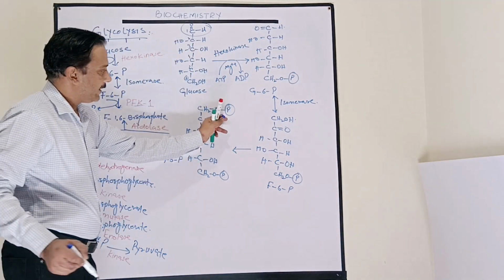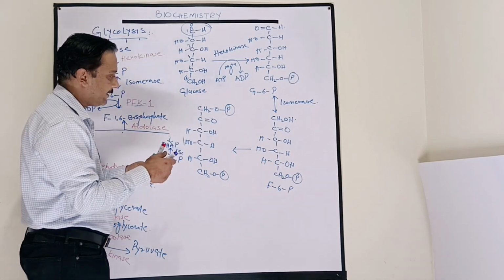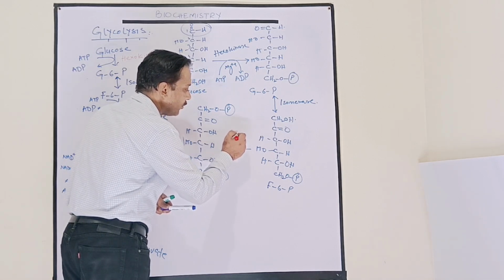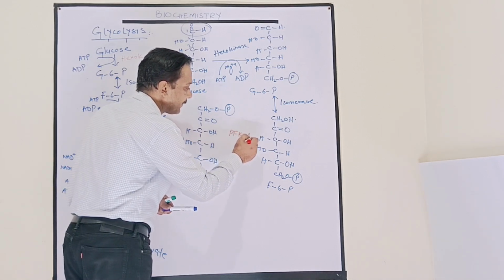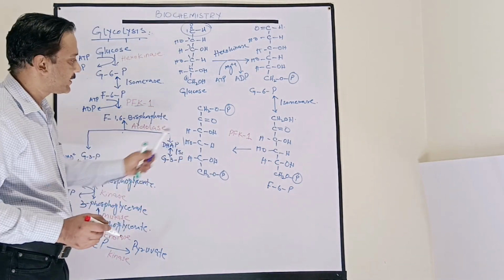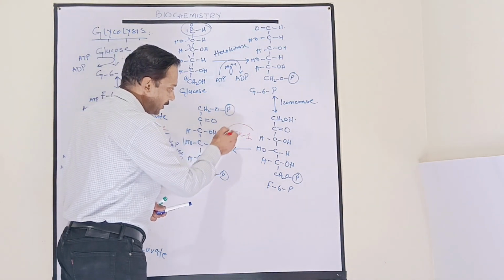At carbon number 1, another phosphate group is introduced, and the enzyme responsible is phosphofructokinase 1. This is an important step. This is a regulatory step, and when we discuss the regulation of glycolysis we will discuss the importance of this enzyme.